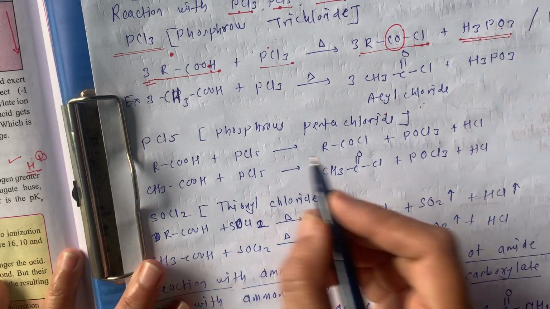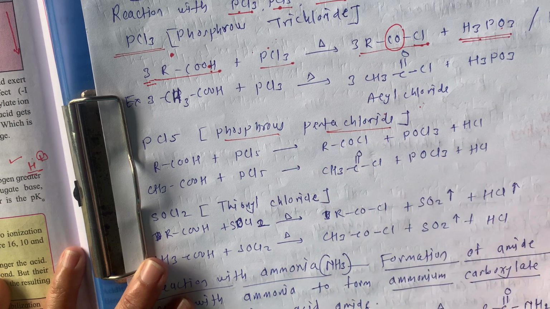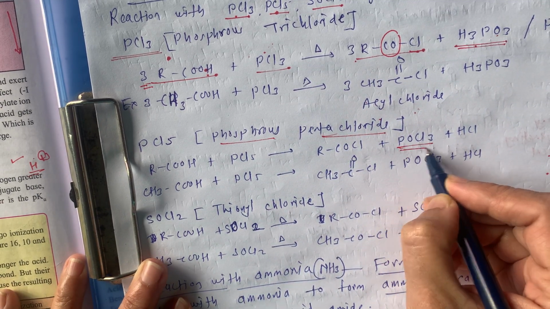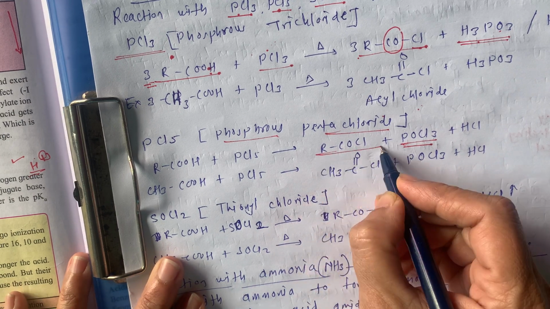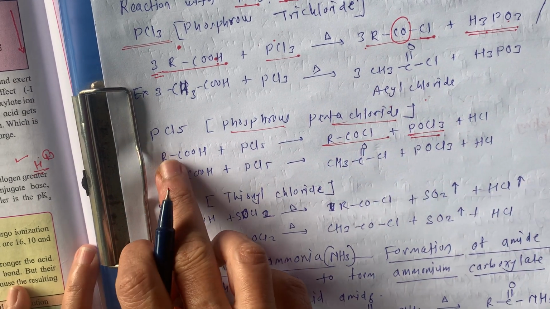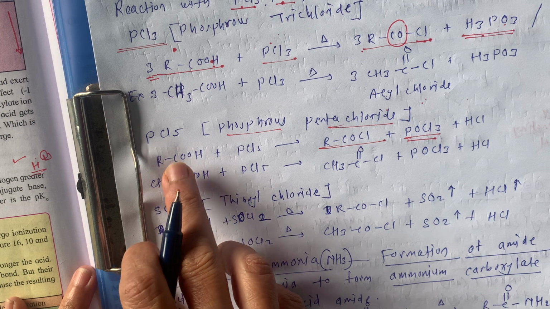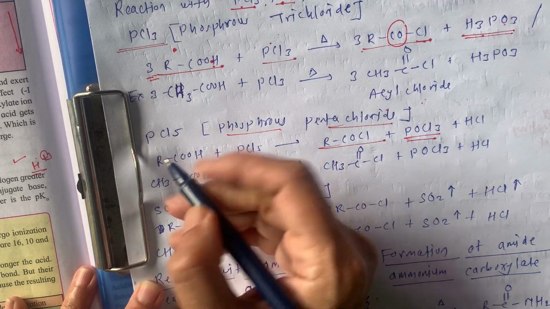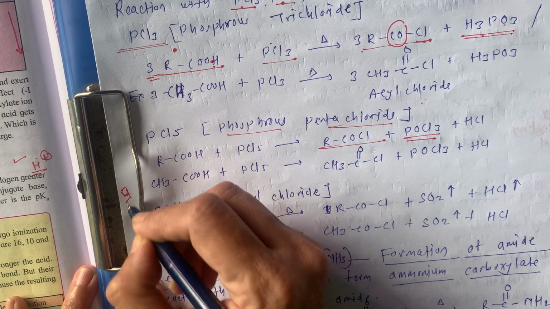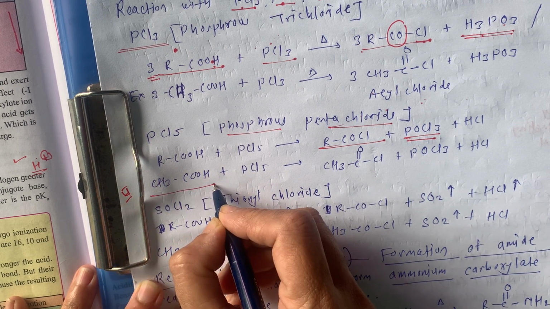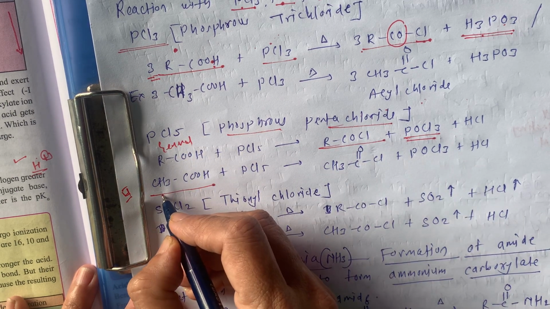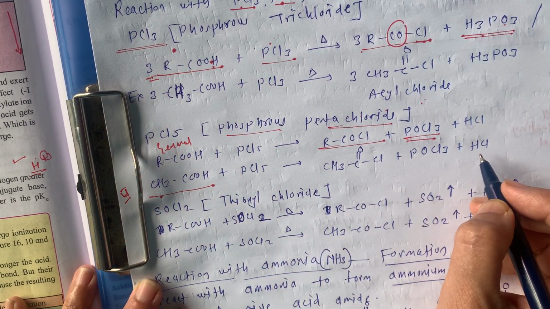Then if there is phosphorus pentachloride, the byproduct is POCl3. The main product is acyl chloride, and here we require just 1 molecule of carboxylic acid. This is our general reaction, and this is the particular example with acetic acid. You can take any alkyl group here and write the reaction.